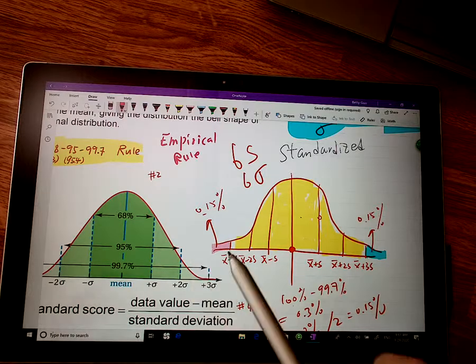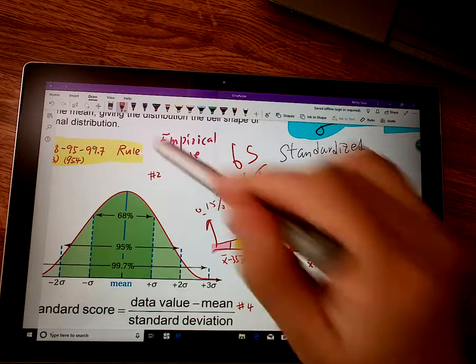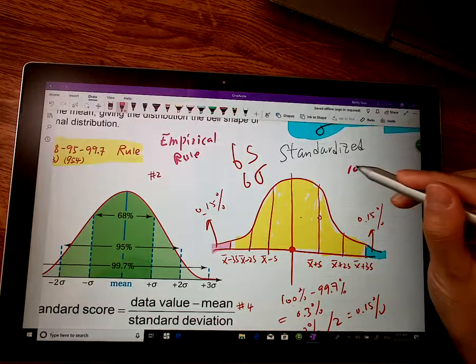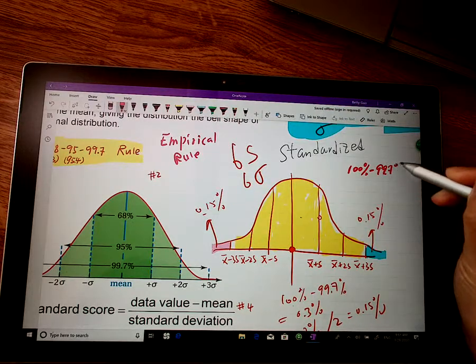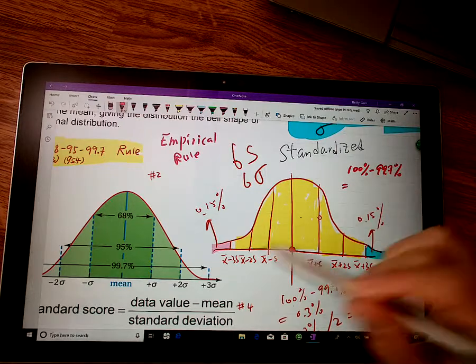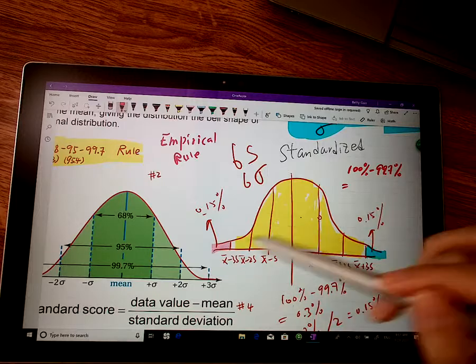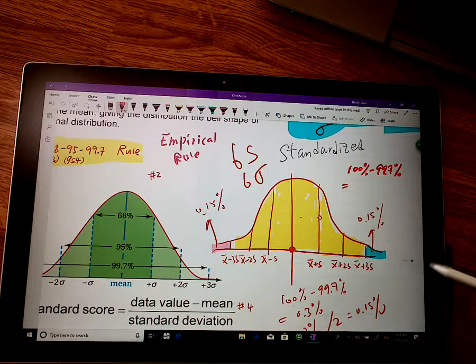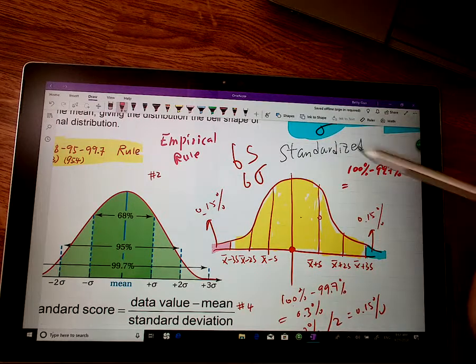Huh? So because 99.7%, if we subtract 99.7% from 100%, all the values fall on the real number line, of course, right? From negative infinity to positive infinity.